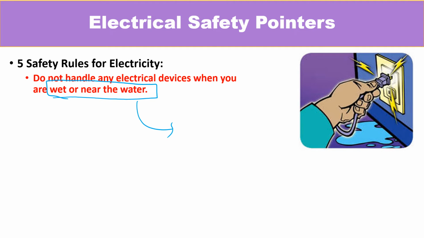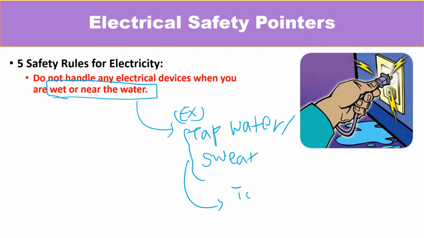However, when it comes to tap water or your sweat, these have ions in them. Your sweat is salty, so sodium ion and chloride ion, those kinds of things. If you have ions, an ion solution, if you will, then it's a really good conductor.